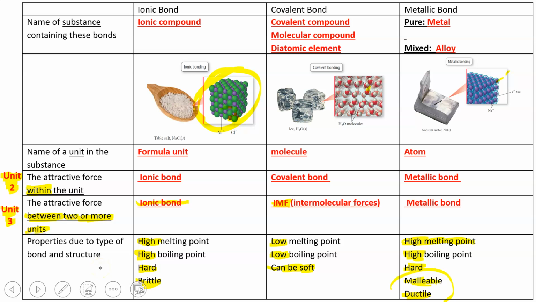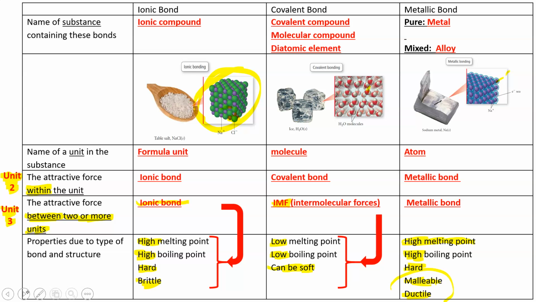But back to our explanations down here, the reason for these properties actually comes from the type of bond that we have, from the type of bond that is between 2 or more units. So having to break an ionic bond in order to melt an ionic compound explains why we have such a high melting point and a high boiling point, because we have to break ionic bonds to make that happen.